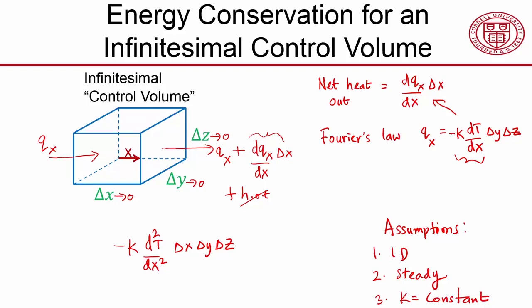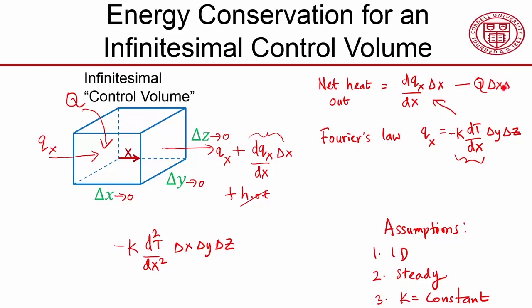I also say that there is another term contributing to the heat, which is the heat generation. So I have some heat generation per unit volume, which I call Q. The net heat out is going to be what's flowing out minus what I'm adding through heat generation. So that's going to be minus Q, and that's going to be proportional to the volume, since Q is per unit volume.